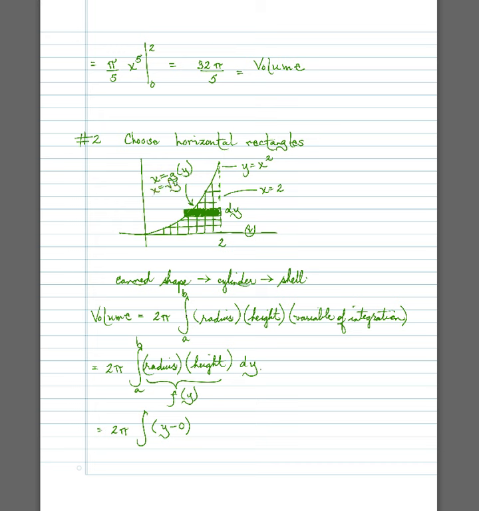Okay? So our height in this case is going to be 2 minus the square root of y. And why am I saying 2 minus the square root of y instead of square root of y minus 2? Well, because if you think about y as being the independent variable, that means you can turn your paper sideways and see that if you have y being your independent variable now, because we're switching the x and y axis, then your top function will be 2 and your bottom function will be square root of y.